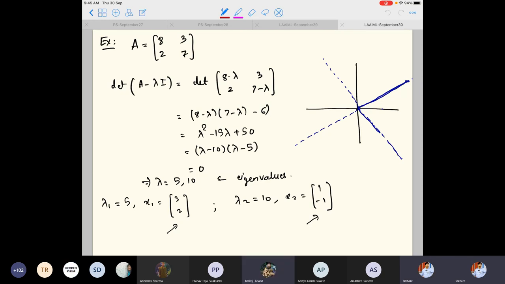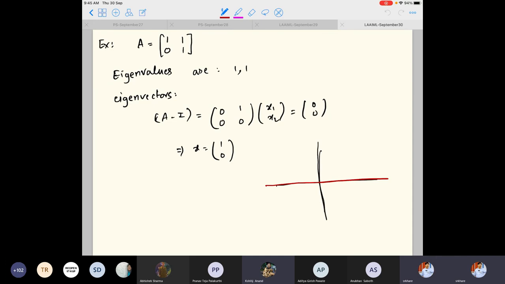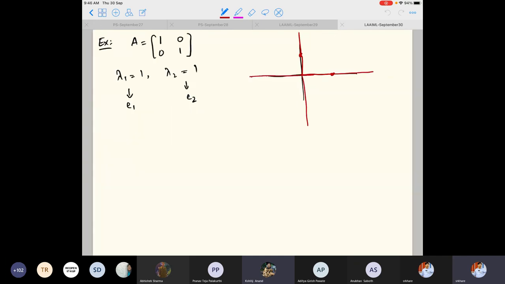Sir, yes. I did not understand how you just chose E1 and E2. How did you arrive at E1 and E2 to be the eigenvectors of the identity matrix?